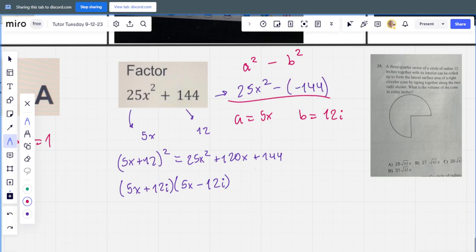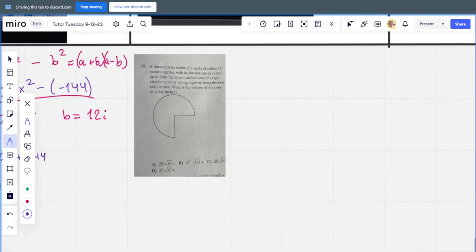So it becomes a plus b times a minus b. So this should be your final factored form. And you multiply that out, you get back to the original equation without the middle terms. Yep.